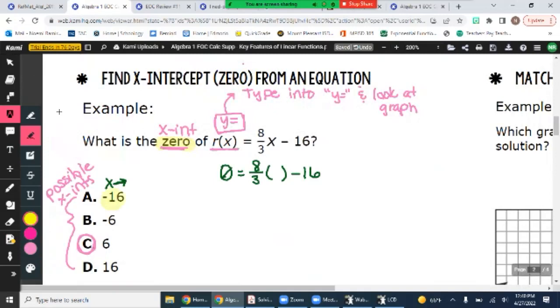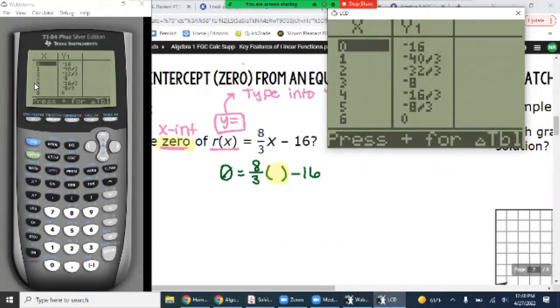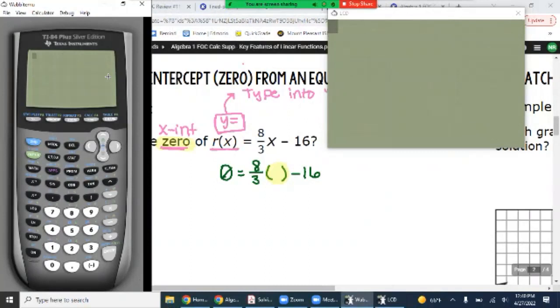I can take this -16, -6, 6, and 16 and put it in this spot. Or what's my favorite way? Store it. I think the best way to do it is to store it, because when you store it, you don't have to worry about parentheses, where to put it or anything like that.